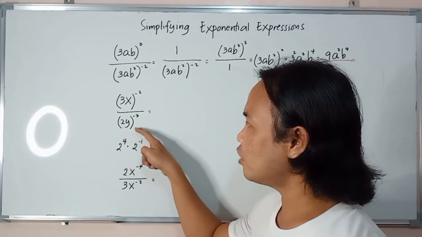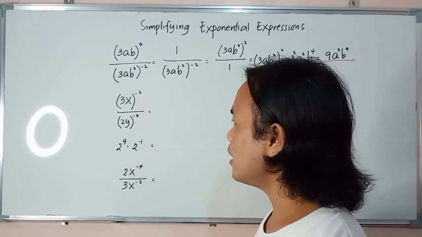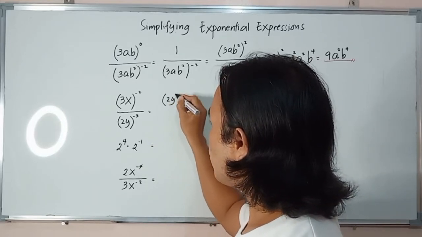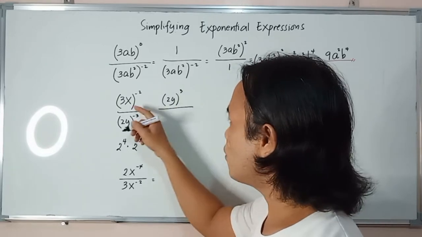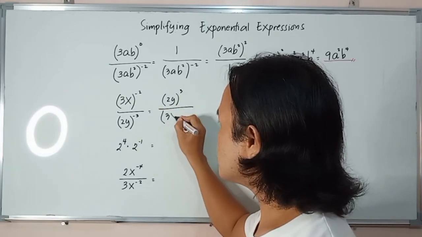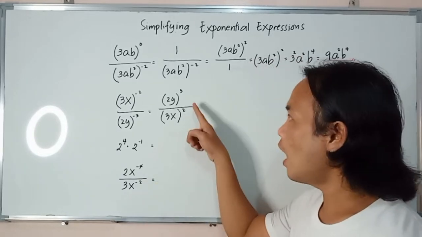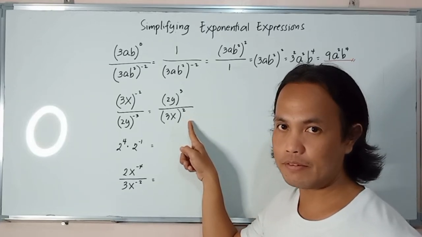So the denominator becomes the numerator and the numerator becomes the denominator. So meaning we can write this fraction as (2y)^3, this becomes positive 3, over (3x)^2. So our exponent in this fraction is now positive.